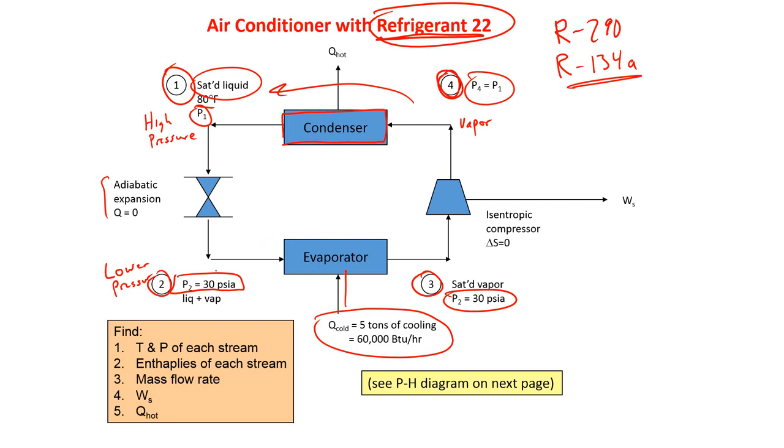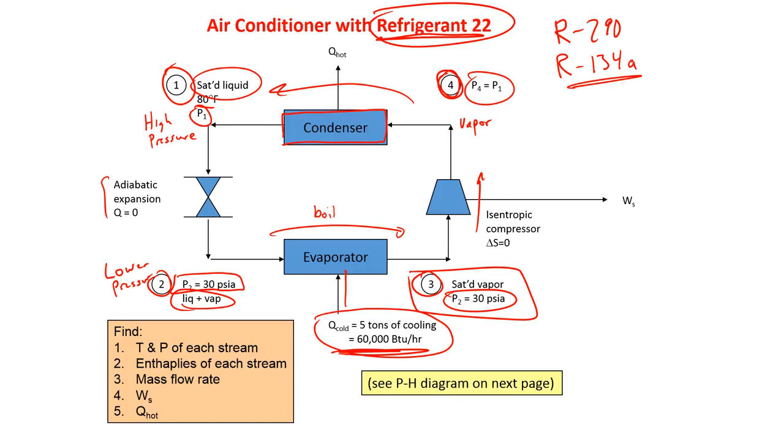So this is going to be liquid plus vapor, but we're going to boil it at a very low temperature, and that's going to extract the heat from our home or automobile, and turn it into saturated vapor, which then we're going to compress. So this is a refrigeration cycle.